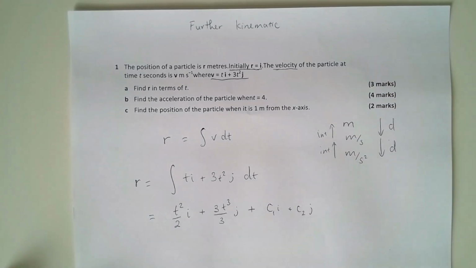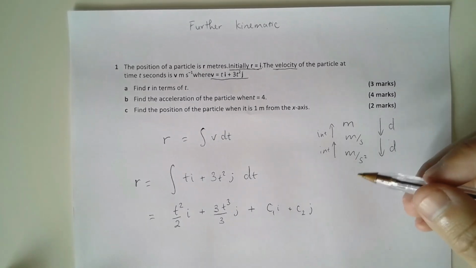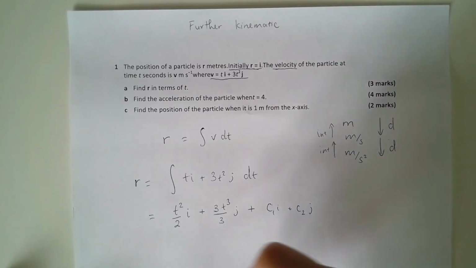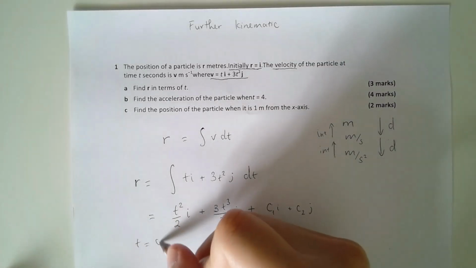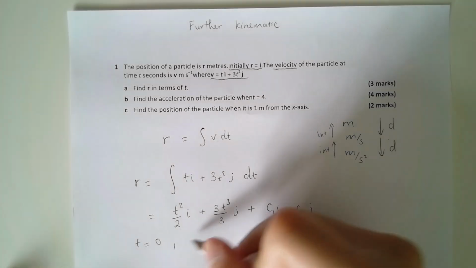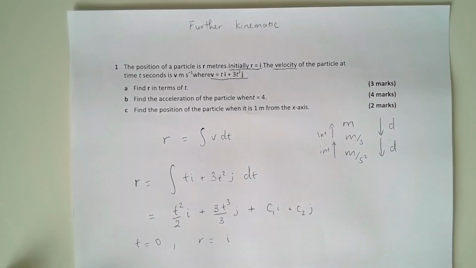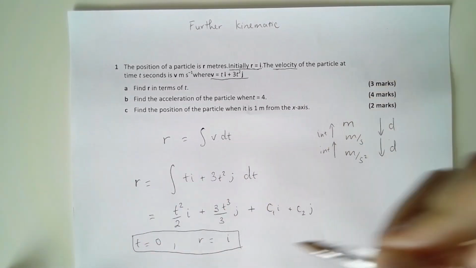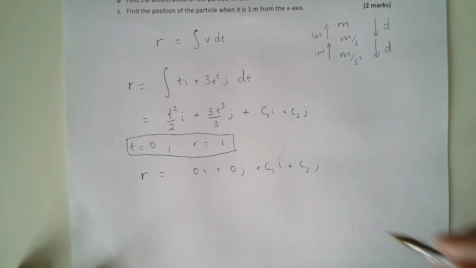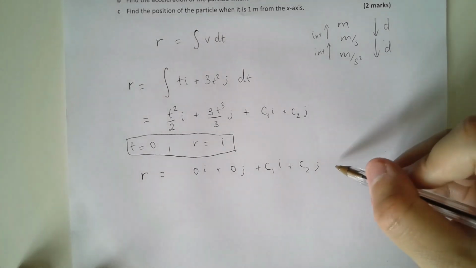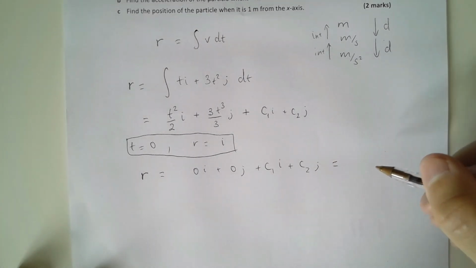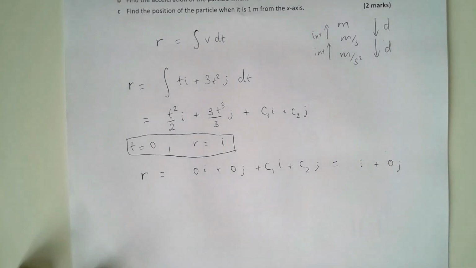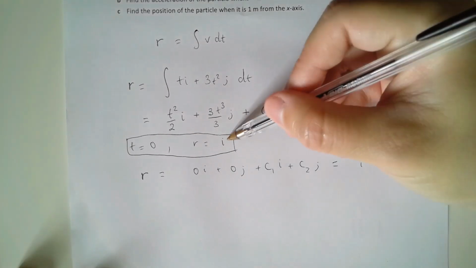Now after you've done this, you're going to carry on with what you know initially. Here you are, r equals i, so we find out that when t equals 0 initially, then r equals i. That means that information will provide us the values of c1 and c2. I'm going to substitute and work out that it's equivalent to 1i and 0j, because that is r equals i here.